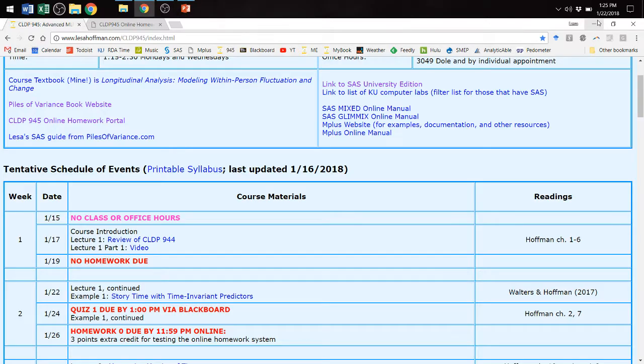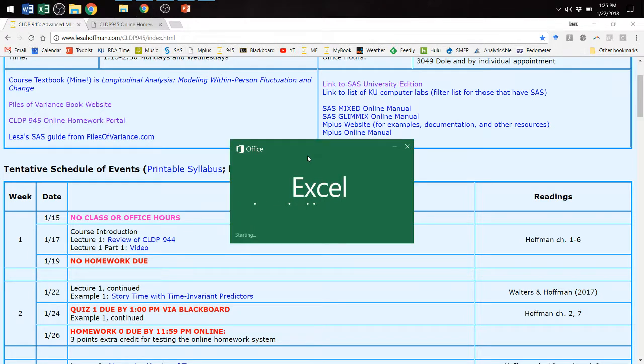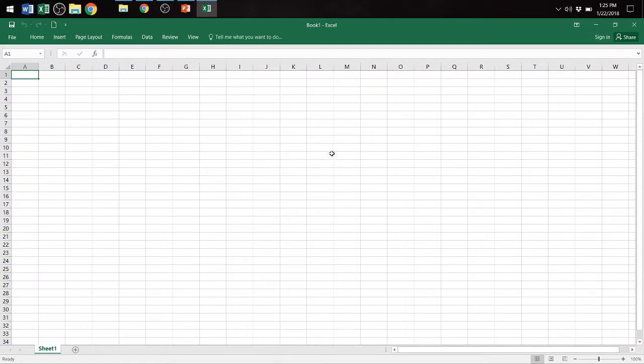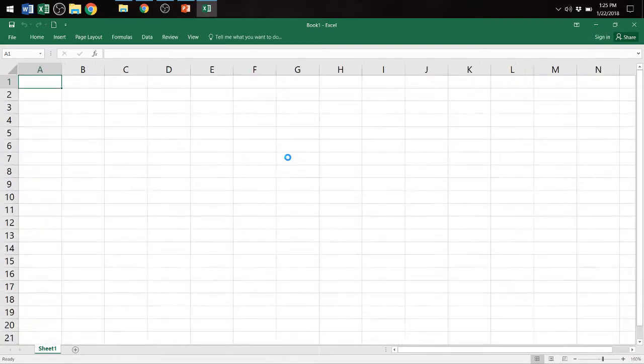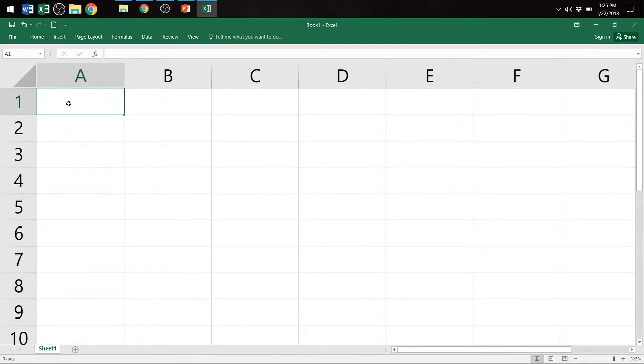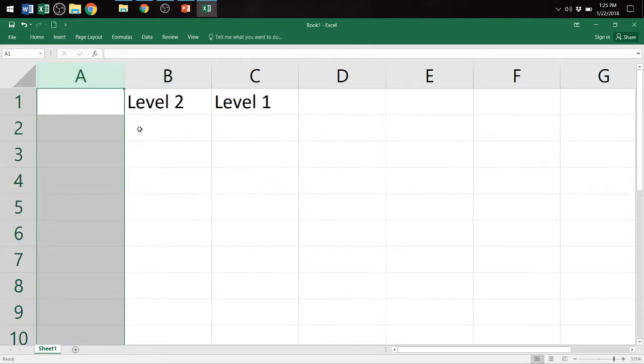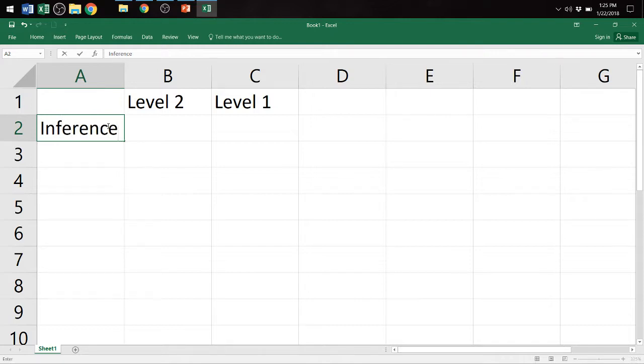So let's do one of my Excel type reviews on vocabulary. That way everybody can see it a little better than writing on the board. So in multi-level modeling terms, level 1, level 2. Let's see here. I'm going to make a thing called inference here.